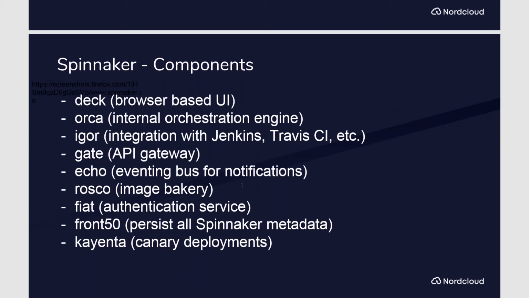and integrate with Spinnaker. Then there's Echo, which is the service for notifications. So this is like integrations to Slack, for example. Most companies, I would say, use Slack nowadays, and it's nice that you can forward these notifications from Spinnaker into Slack and immediately see what's happening inside Spinnaker.